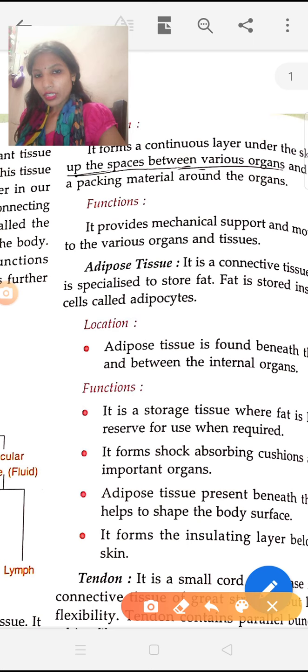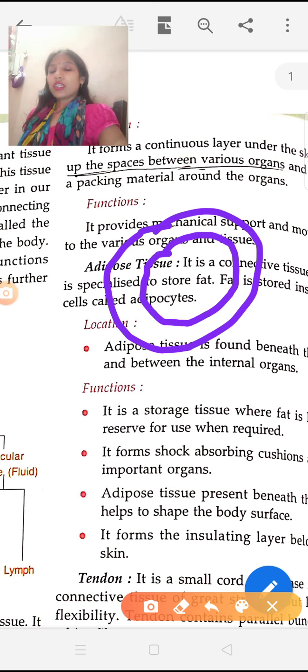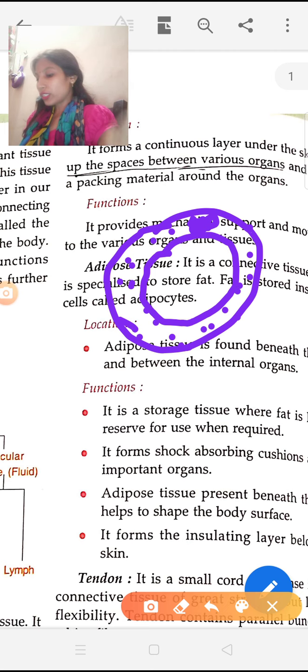They have a large space like this. The nucleus of these cells is shifted peripherally, and the cytoplasm and other cell organelles all get shifted to this peripheral part.